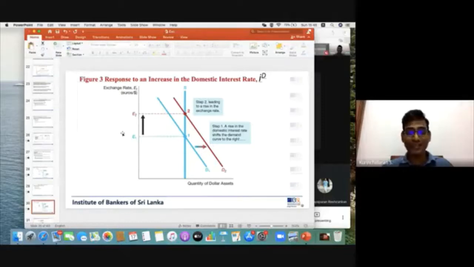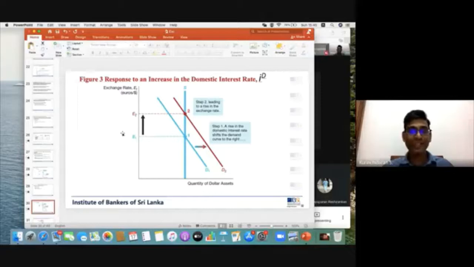So your demand curve will move from D1 to D2, an outward movement. When the demand increases, the currency will appreciate, which means its value will increase. The new equilibrium will be at E2.